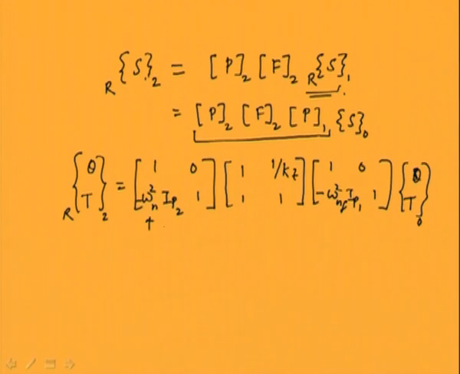Okay. So you can see that three matrices are there here to be multiplied.